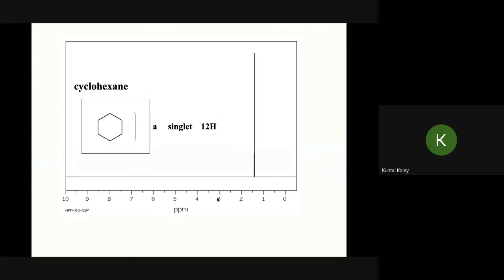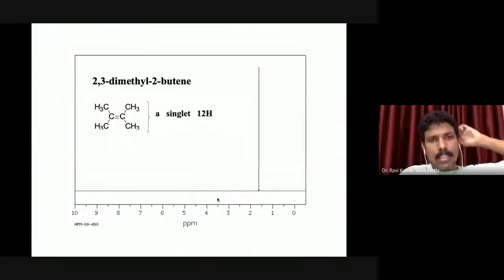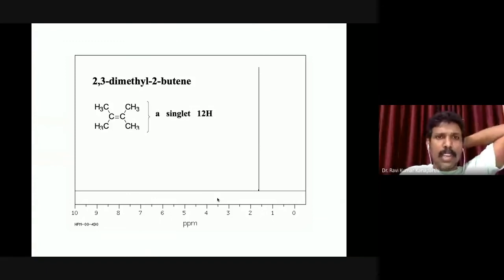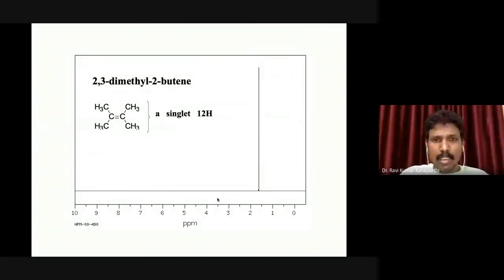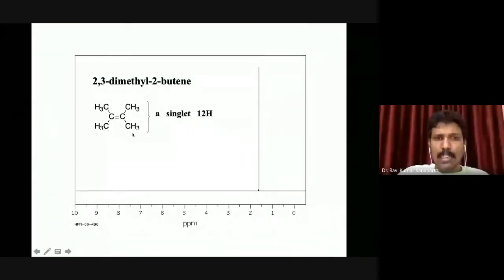Yes, sir. Okay. So now there is another compound, 2,3-dimethyl-2-butene. As you can see here, all the methyl protons have the same chemical environment. It is again a symmetrical molecule.